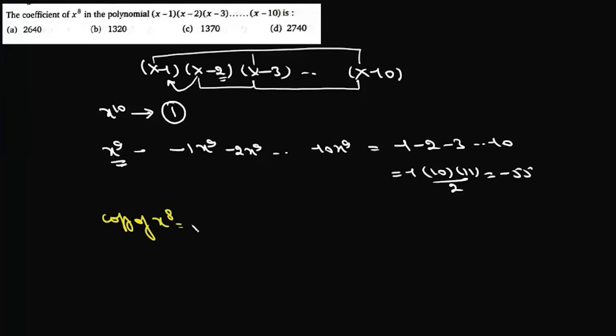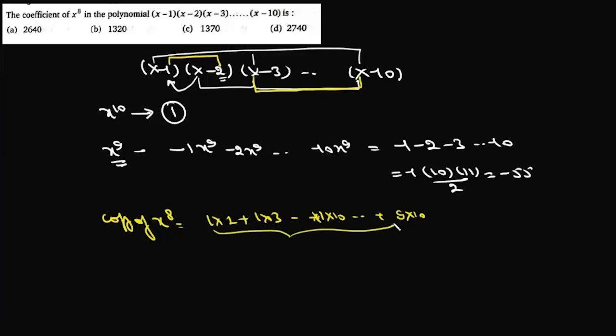Now we'll get x to the power 8 when 8 of the x's get multiplied to themselves, and then this x to the power 8 gets multiplied with the constant terms of 2 brackets. So it will be 1 into 2, 1 into 3, 1 into 10, and will continue up to 9 into 10. So basically it is the product of all the terms from 1 to 10 taken 2 at a time.